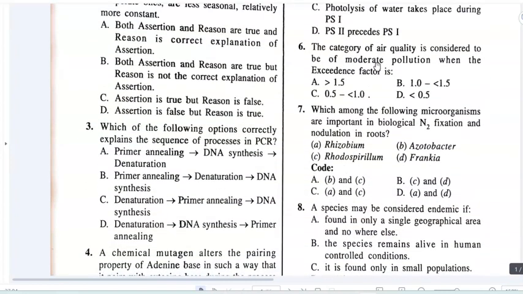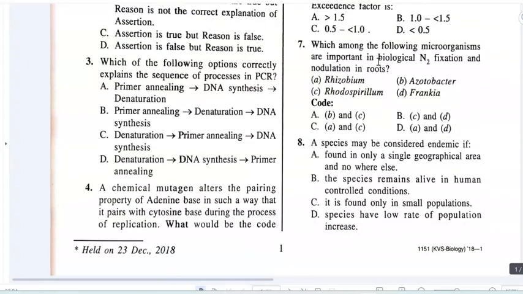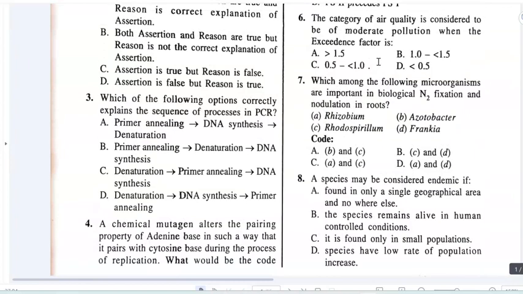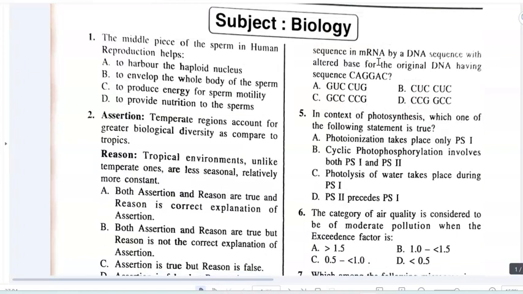Now the question is saying the mutagen alters the pairing of adenine in such a way that it pairs with cytosine, meaning A pairs with cytosine. Now what are the possibilities?